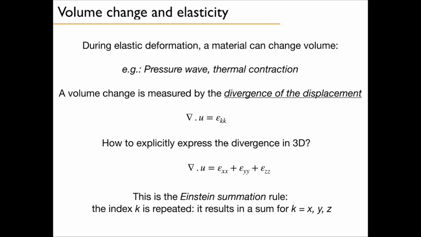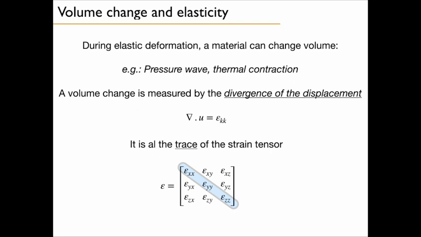So you will have xx plus yy plus zz. It is also the trace of the strain tensor, sorry. So if you take the strain tensor written as a matrix here, you can take the trace. So the trace is the sum of the diagonal elements, epsilon xx plus epsilon yy plus epsilon zz.